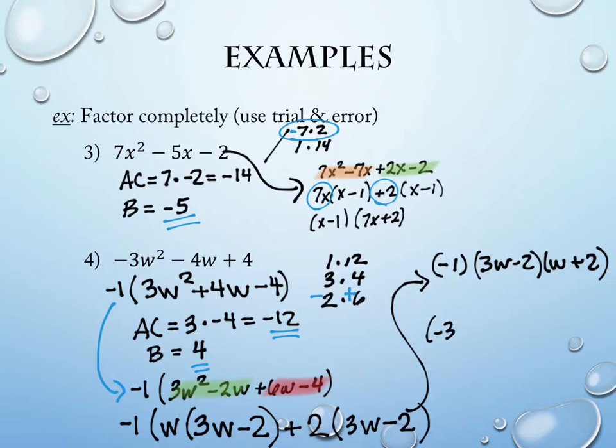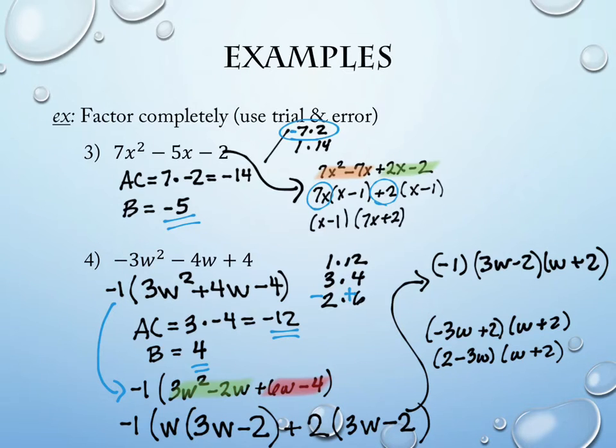You would get like this. Or another version of it might be that you got it to look like this. Those are the 3 different possible answers depending on how you do it. And if we left it like the -3w plus 2 and the w plus 2, would that be a right answer? Yeah, that's okay.